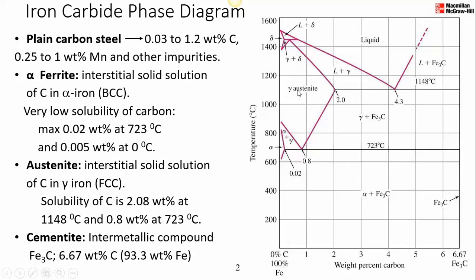Gamma can dissolve more carbon, up to 2.08% carbon at a temperature of 1148 degrees Celsius, as shown at this point on the diagram. At 723 degrees Celsius, gamma can dissolve 0.8 weight% carbon.